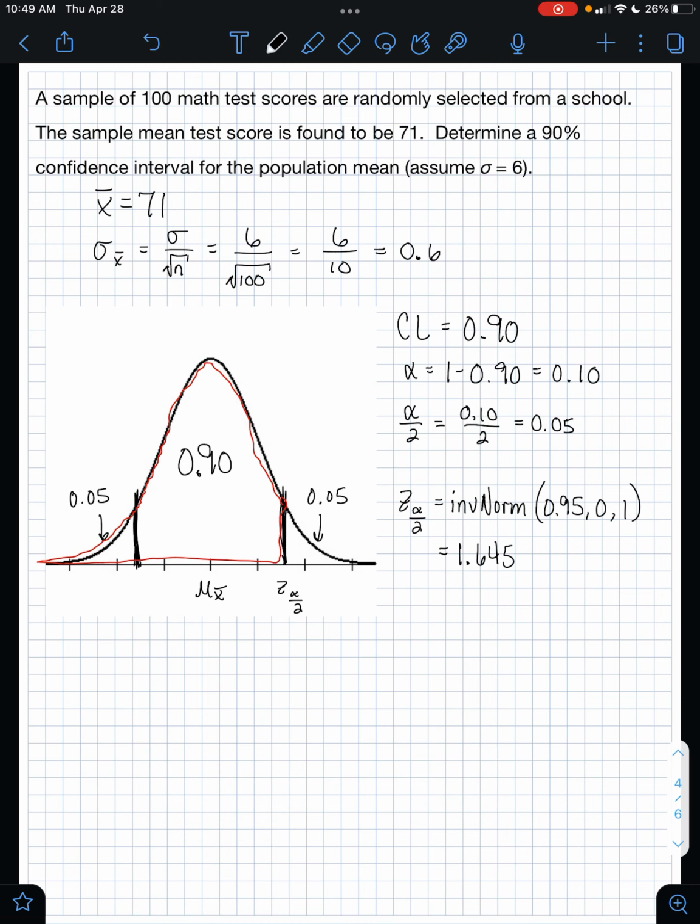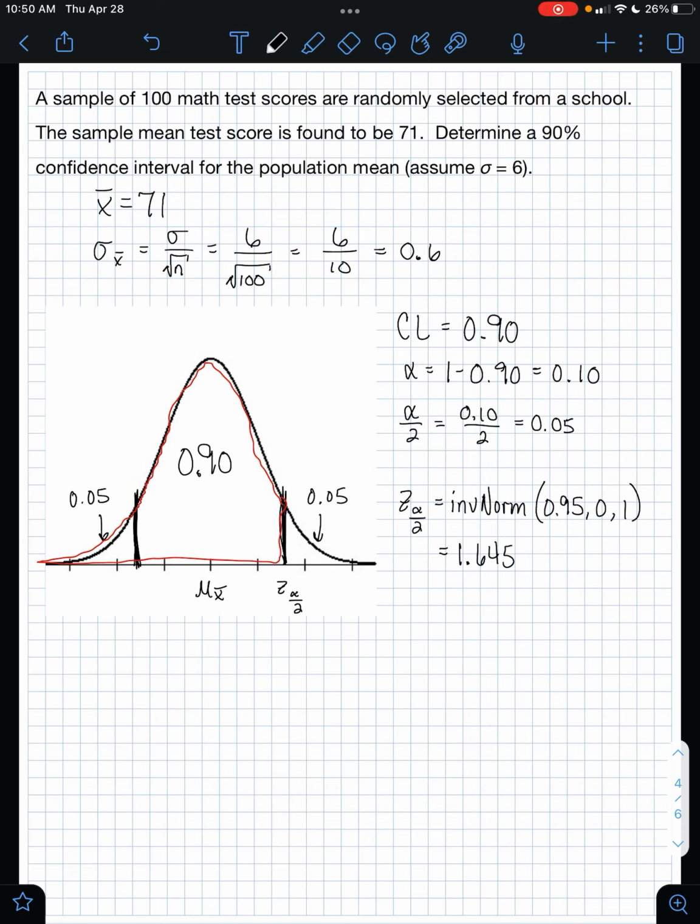Actually, something to realize is that the confidence level is the only thing the z-score depends on. The sample mean does not affect the z-score, nor does sigma sub x bar, which means sigma and the sample size.